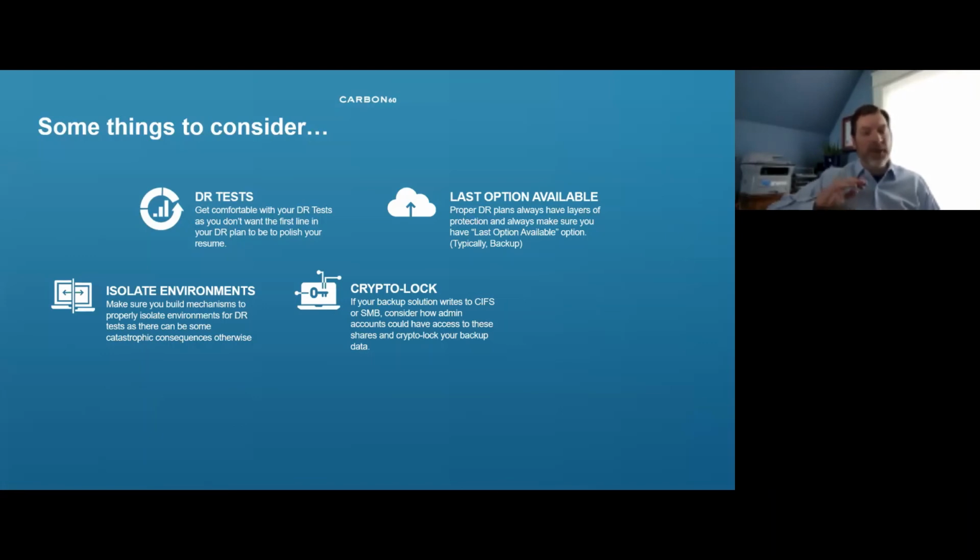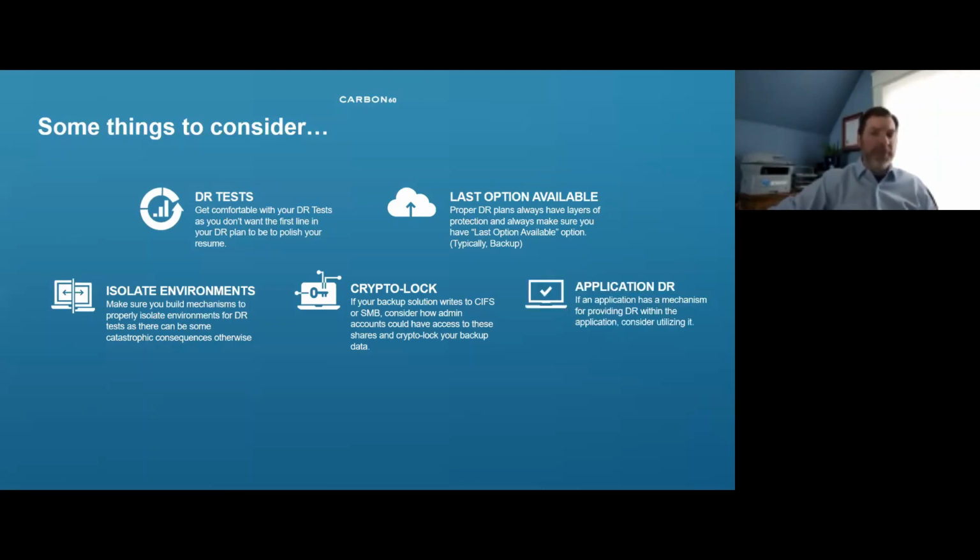So it crypto-locks everything, including the backup data. If you create segmentation so that those backup servers and the CIFS shares they connect to are in a whole different context from a security perspective, it helps eliminate the risk of not having a recovery available.